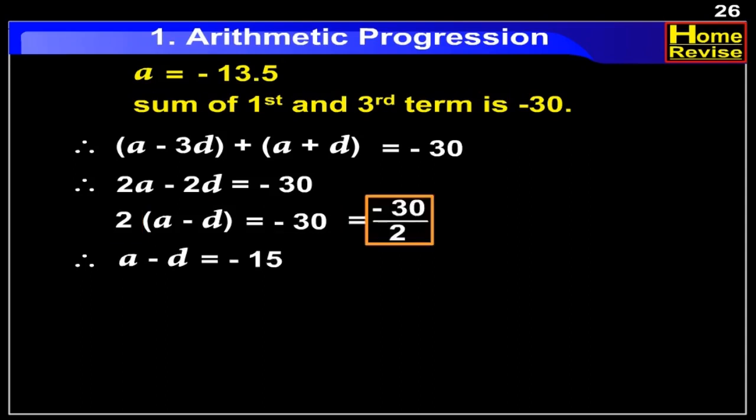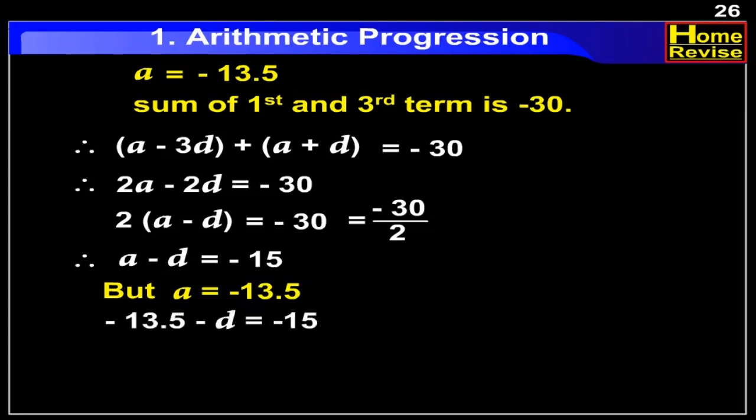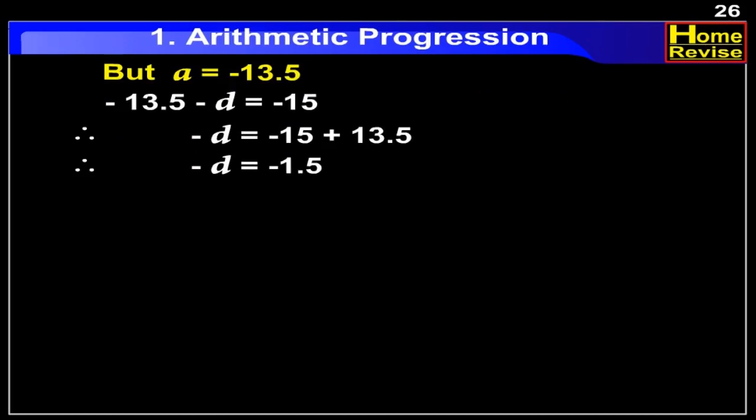Therefore, a minus d is equal to minus 15. But we know that a is equal to minus 13.5. Putting this value, we get minus 13.5 minus d is equal to minus 15. Therefore, minus d is equal to minus 15 plus 13.5. Therefore, minus d is equal to minus 1.5. Therefore, d is equal to 1.5.